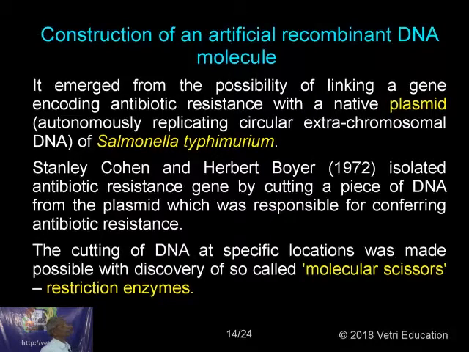So, how do we construct a recombinant DNA molecule, what is called rDNA? It emerged from the possibility of linking a gene encoding antibiotic resistance with a native plasmid, an autonomously replicating circular extrachromosomal DNA of Salmonella typhimurium.